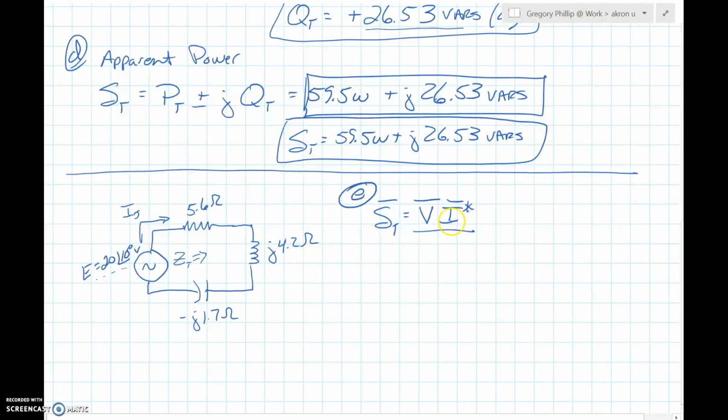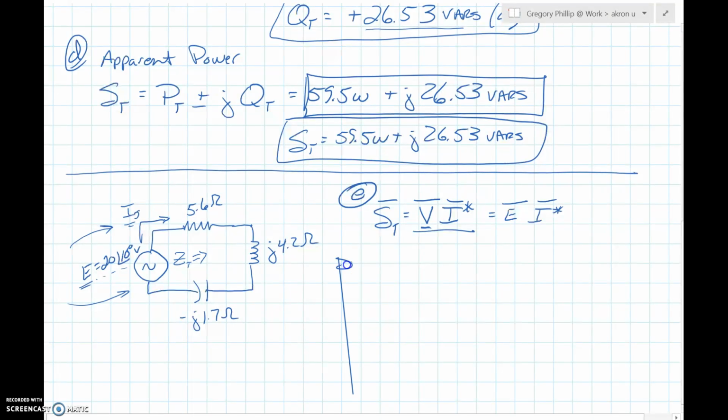Now we're looking at this from the source standpoint, where out here we have E and we have I. Remember, V is usually used as a response in a circuit, but it's interchangeable with E, which usually represents a source. So this also could be written as E I conjugate. The conjugate means that we change the sign on the angle.